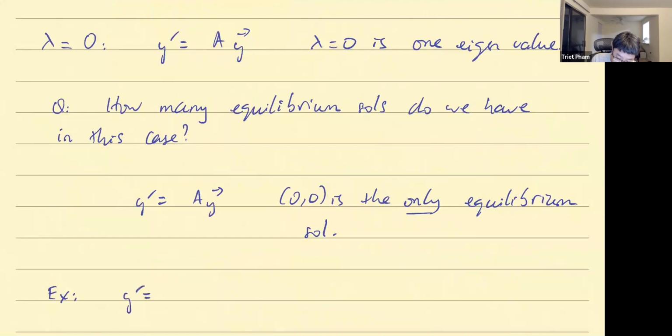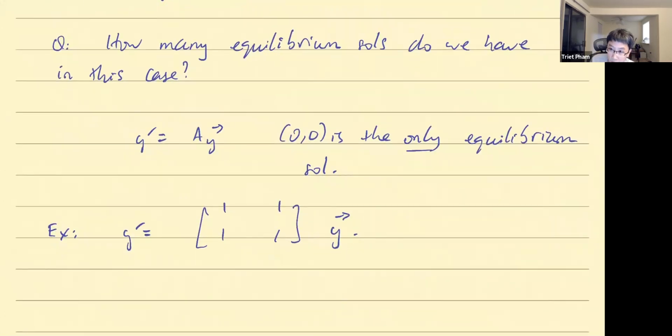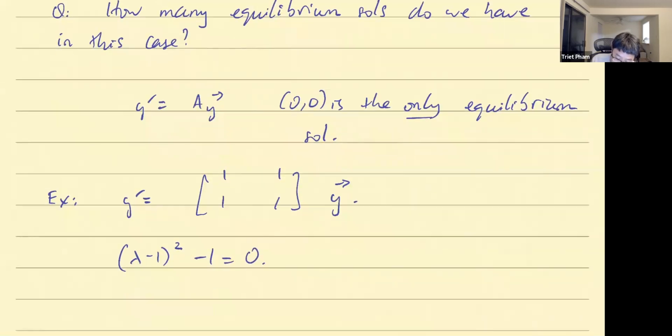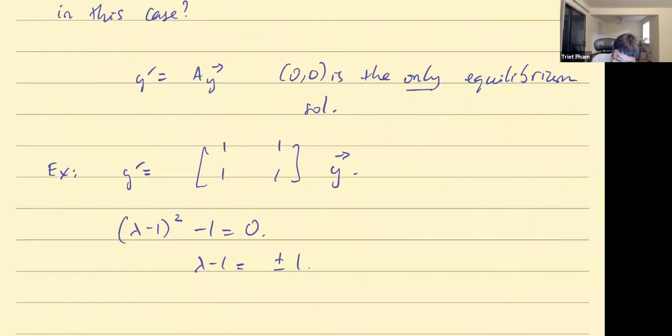y prime equals to [[1,1],[1,1]] y. So what are the eigenvalues? The characteristic equation is (lambda minus 1) squared minus 1 equal to 0. So you got that lambda minus 1 is equal to plus minus 1. So lambda is equal to 0 or lambda is equal to 2.